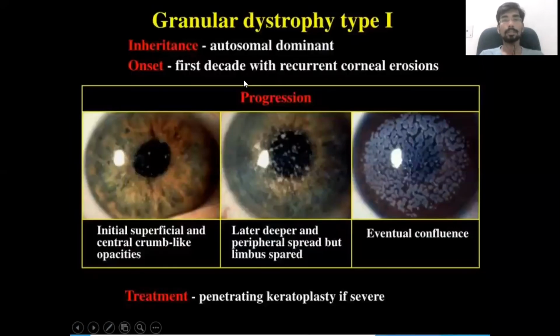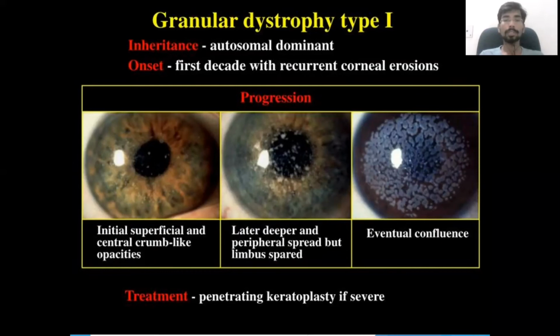Next is dystrophy. Granular dystrophy type 1: initial superficial and central crumb-like opacities, later deeper and peripheral spread will be there, but the limbus is spared, and eventual confluence will occur in granular dystrophy.